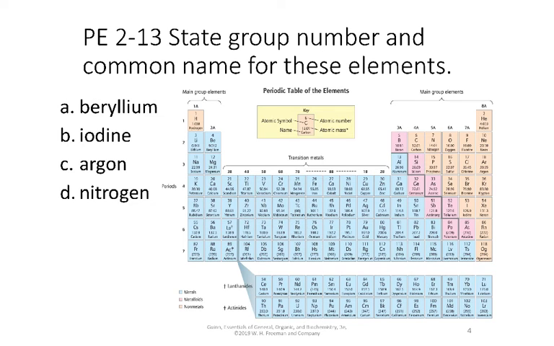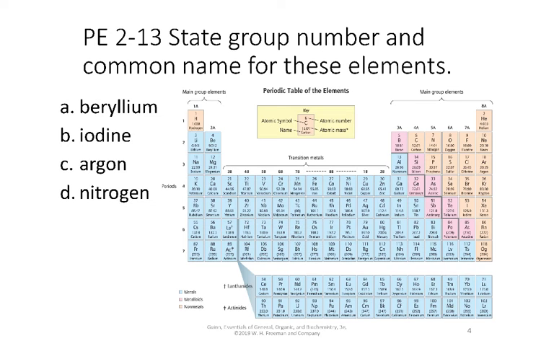So that's the name of the group. All right. Well, the first thing is you have to find these elements. If I told you, look in group 4A, you would know where to look. But here, I'm telling you go find beryllium. So we don't know anything about where that is yet, right?